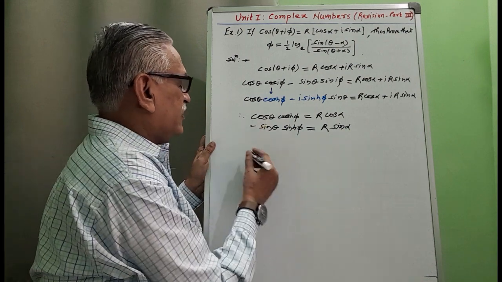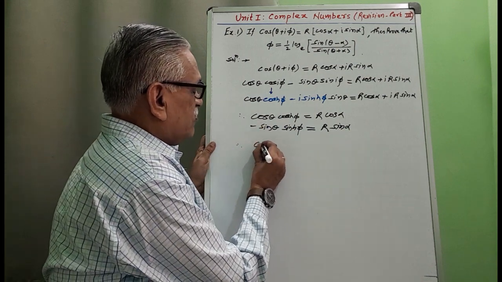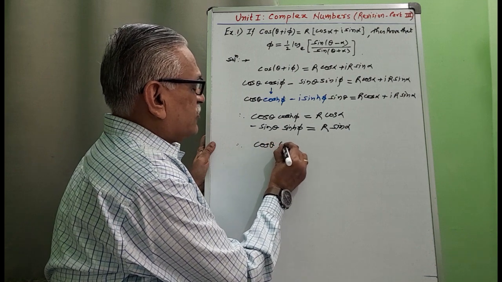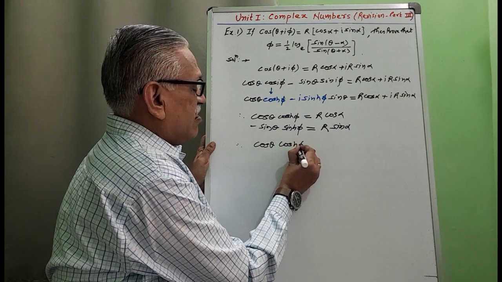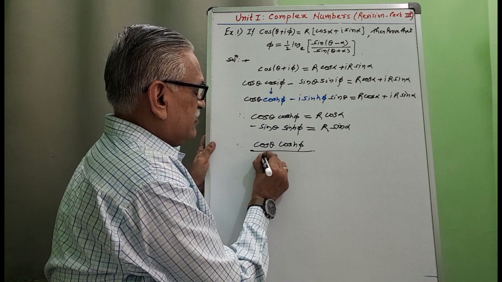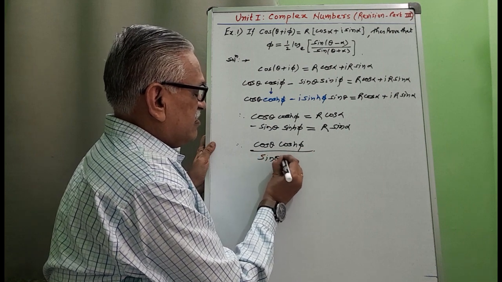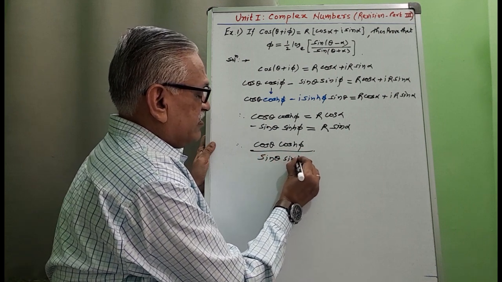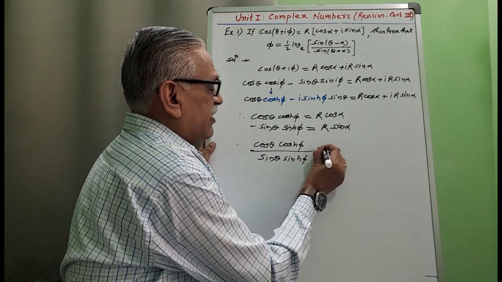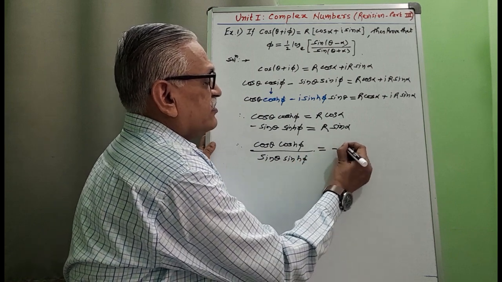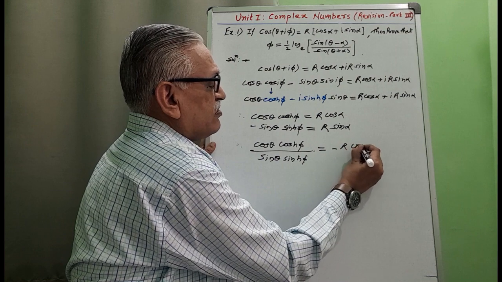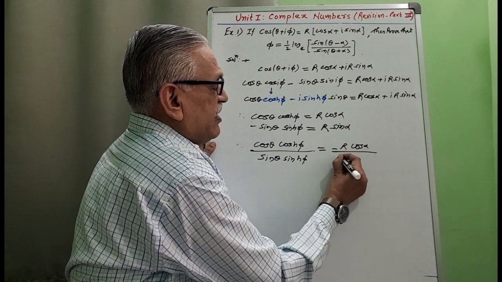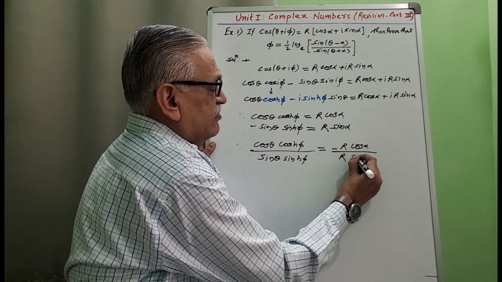Dividing these, we get therefore cos theta into cosh phi, whole divided by sin theta sinh phi, and that is equal to minus r cos alpha divided by r sin alpha.